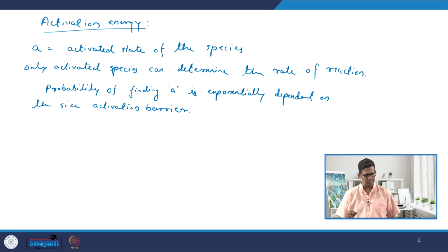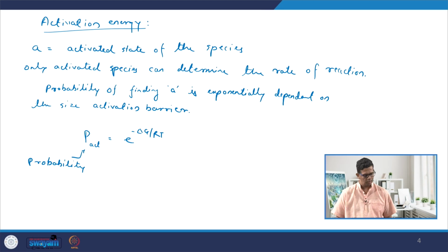Now, let us make it more specific and call it an activation barrier, because by overcoming that barrier we can activate the reaction. That is why that barrier is called the activation barrier. And what is this probability? The probability of activation is dependent on this activation barrier, and this is the expression. Here P stands for the probability of converting these species into the activated ones.